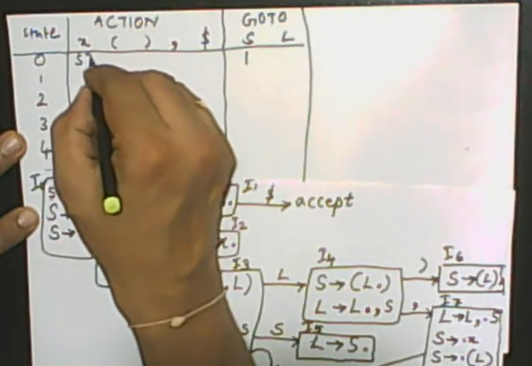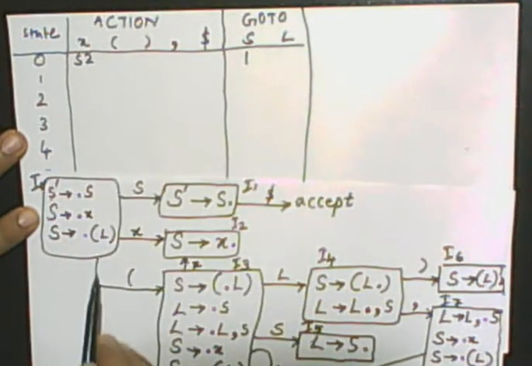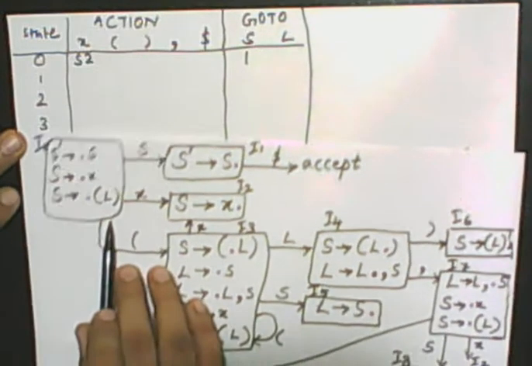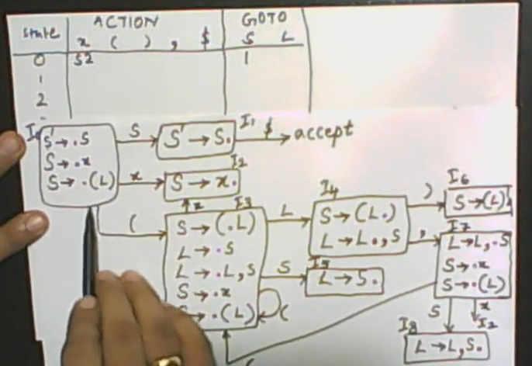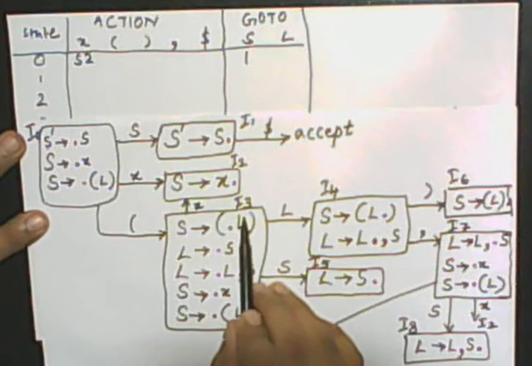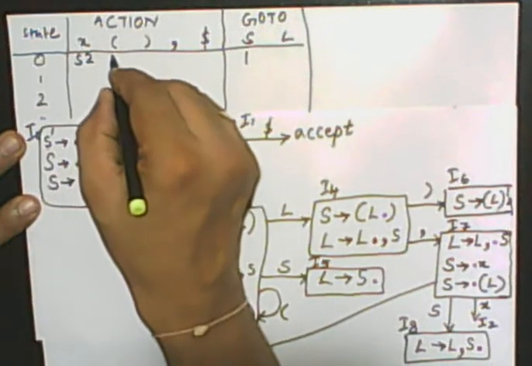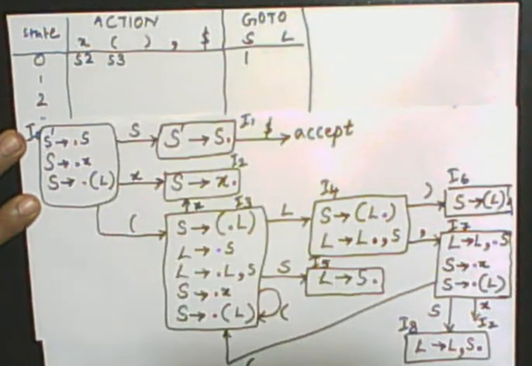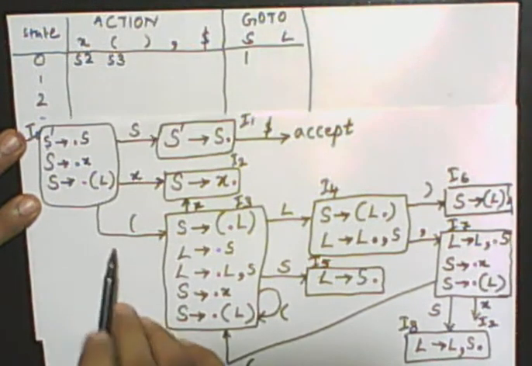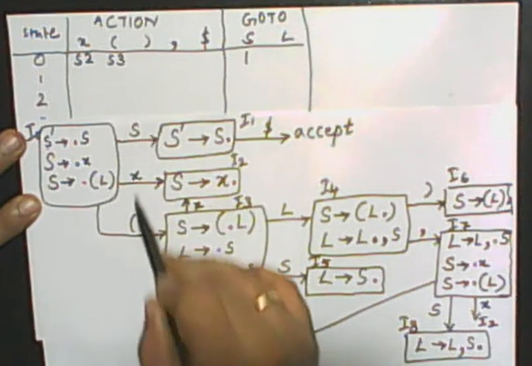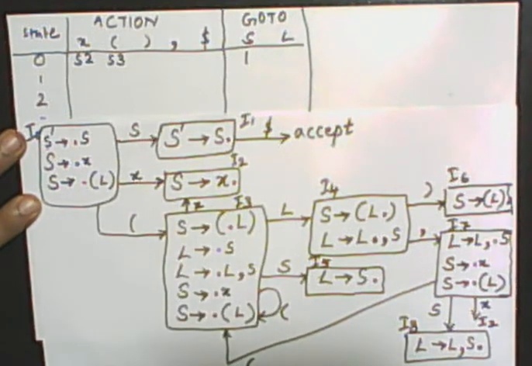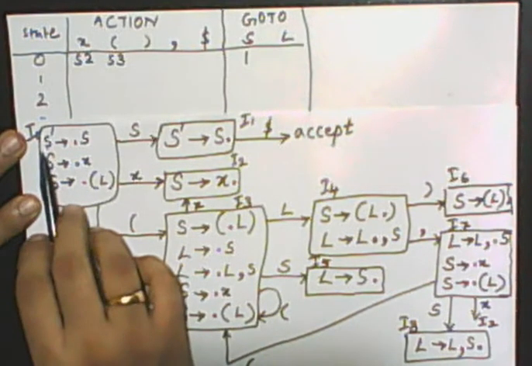Now I0 on left parenthesis goes to I3, so that is shift 3, and that's all with the first one, state 0.